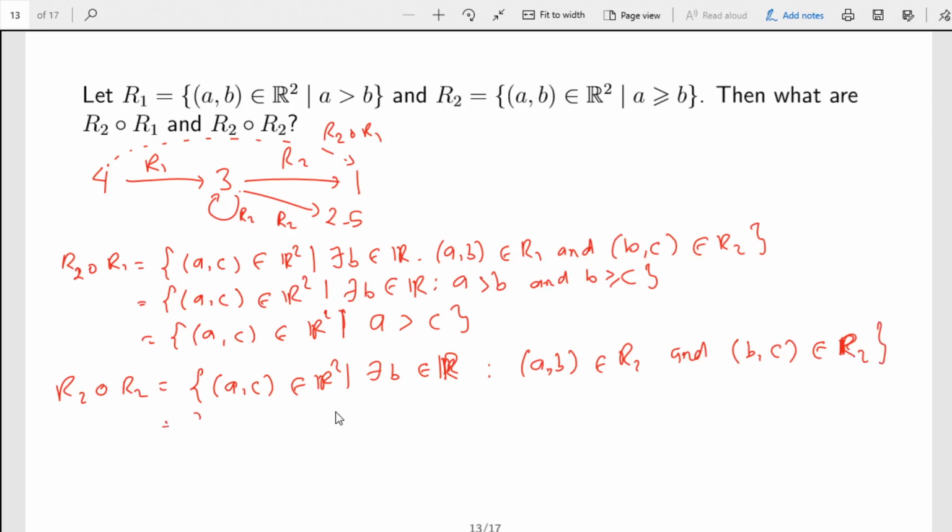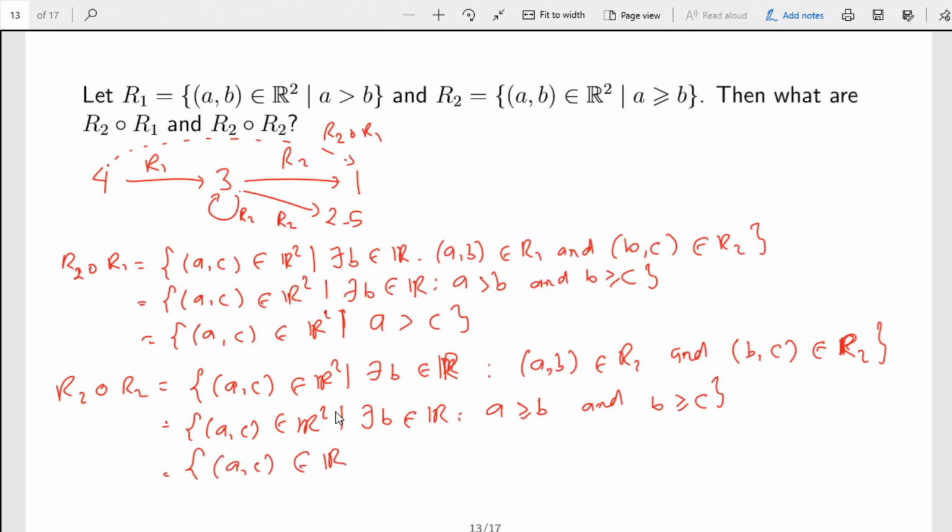This is the same as pairs (a, c) of real numbers such that there is a real number b with a greater than or equal to b and b greater than or equal to c. If you have these two, then obviously the composition of R2 with itself is the set of pairs of real numbers (a, c) such that a is greater than or equal to c, which is actually the same as R2.